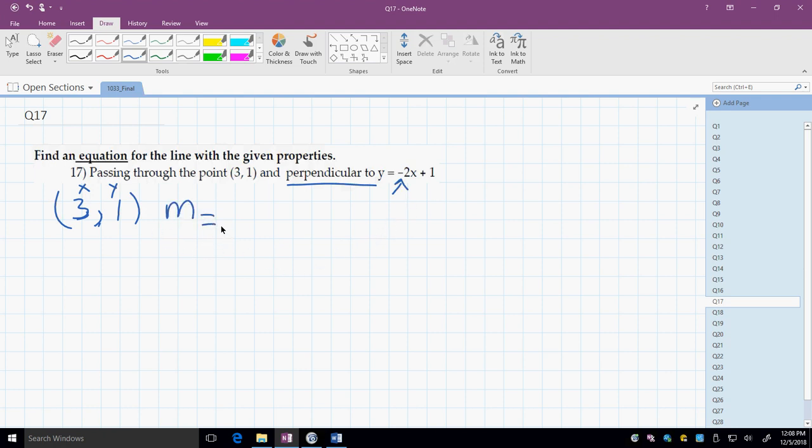That is a negative 2, it's going to be positive, and it's going to be 1/2. Now, for this one, we have to use the same formula that we used before. y minus y1 equals m times parentheses x minus x1. And we have everything. We only need to plug it in.